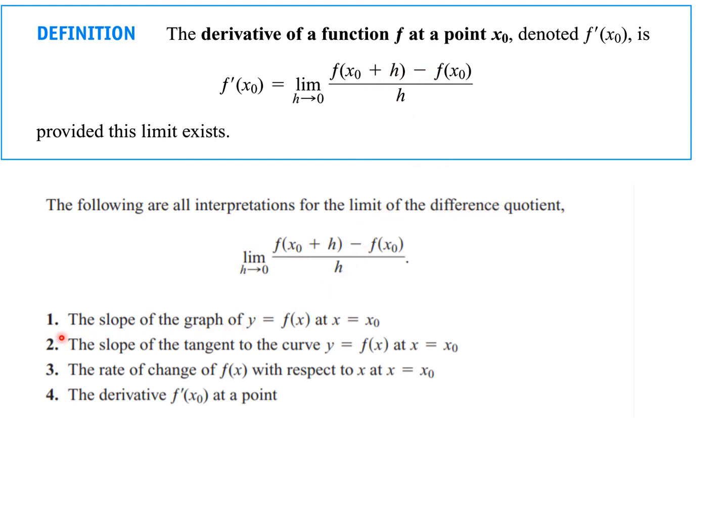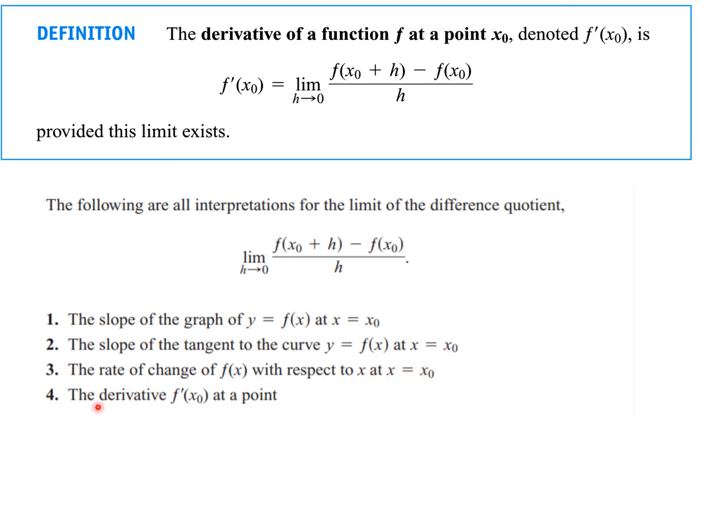Number one, the slope of the graph y equals f of x at x equals x naught. Number two, the slope of the tangent to the curve y equals f of x at x equals x naught. Number three, the rate of change of f of x with respect to x at x equals x naught.